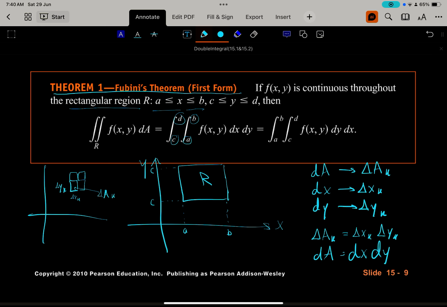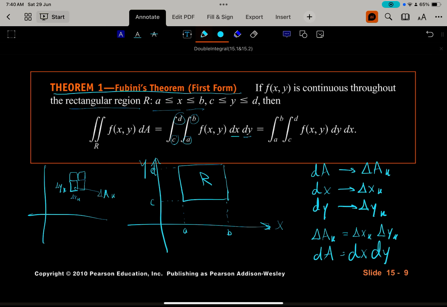This is basically the same as for a regular integral, and you make sure you match up the limits. For dx, the limits are from a to b, since on the x-axis we have the limits a, b. For dy, which is the outer integral, the limits are from c to d.